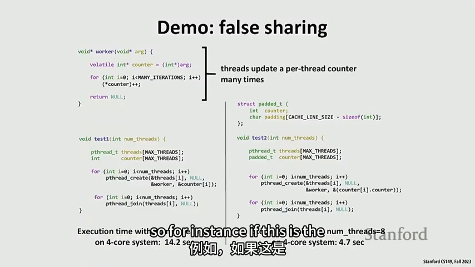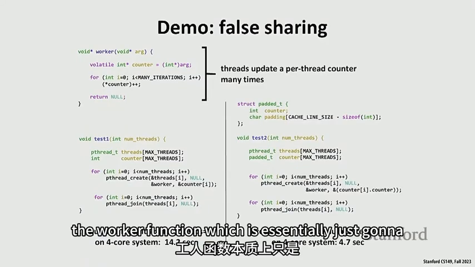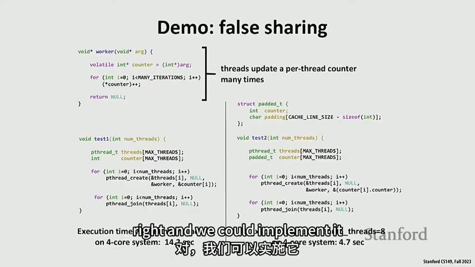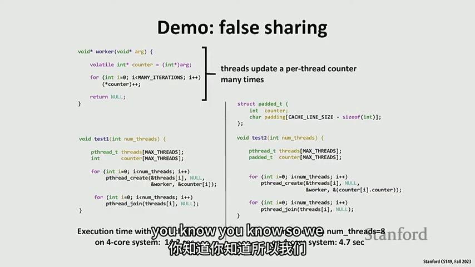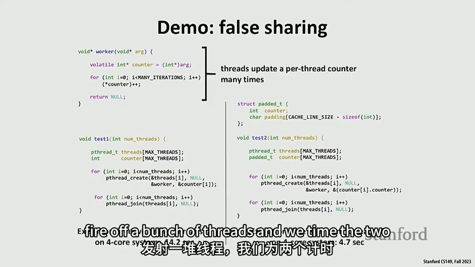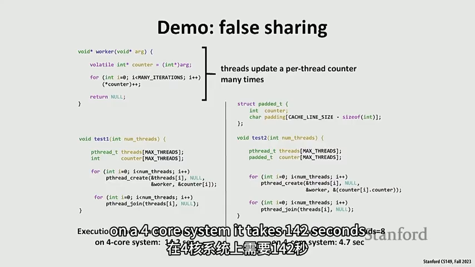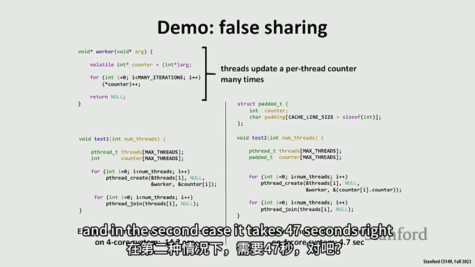So, for instance, if this is the worker function, which is essentially just going to increment the per-thread variable, we fire off a bunch of threads, and we time the two instances. In the first case, on a 4-core system, it takes 14.2 seconds, and in the second case, it takes 4.7 seconds.